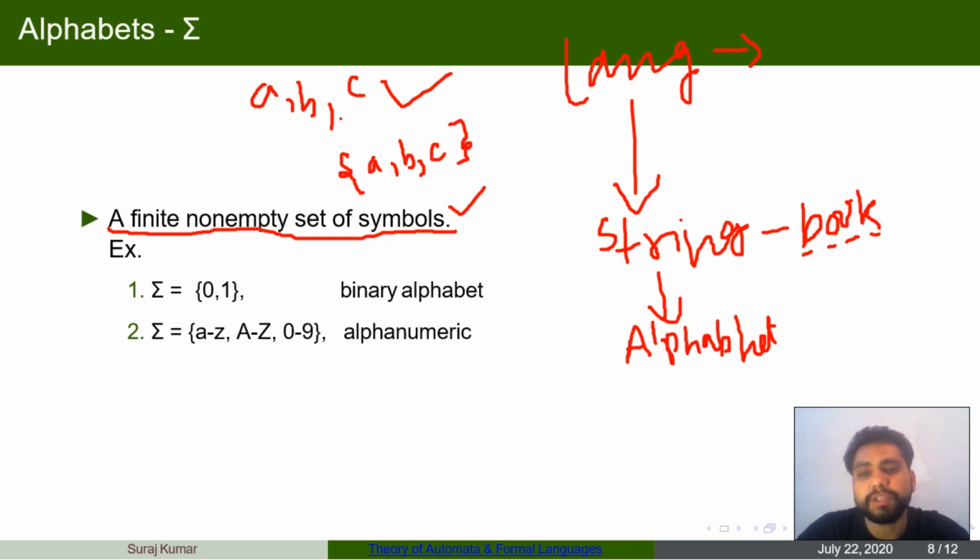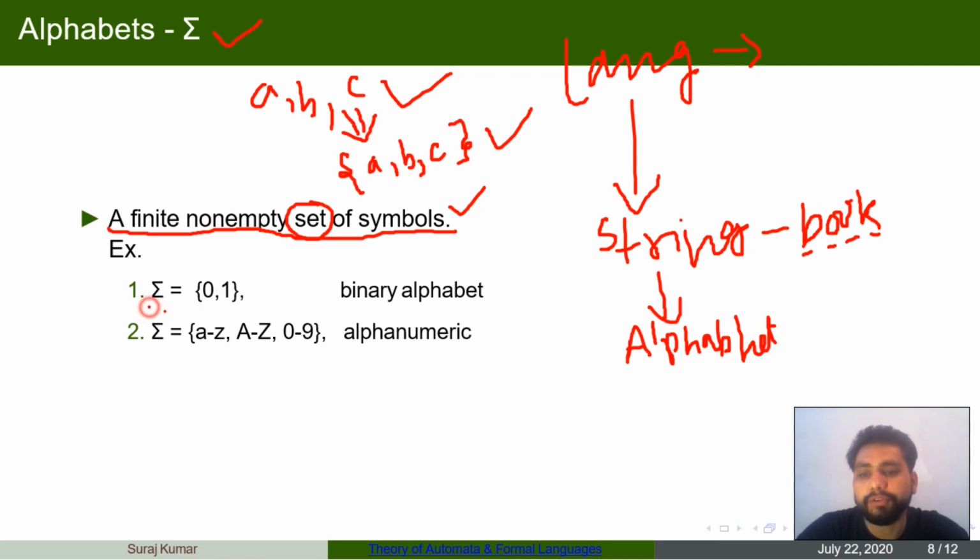If you put these symbols into curly braces, it becomes a set.